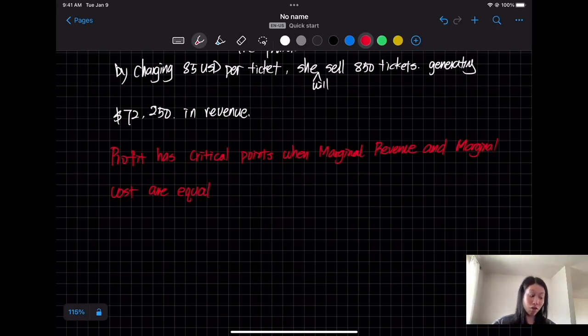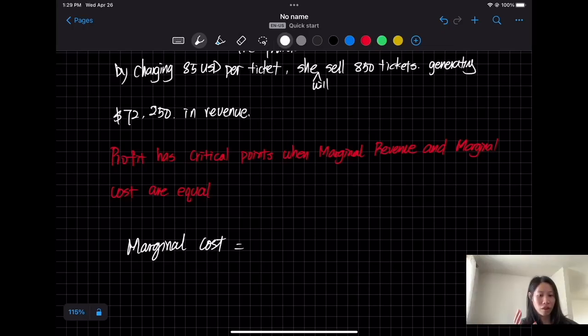So now let's do some recall. What is marginal cost and what is marginal revenue? The marginal cost is equal to how much it costs to produce one more item.